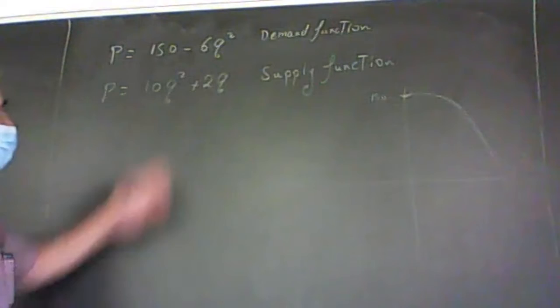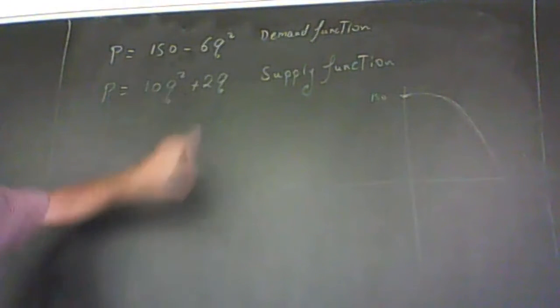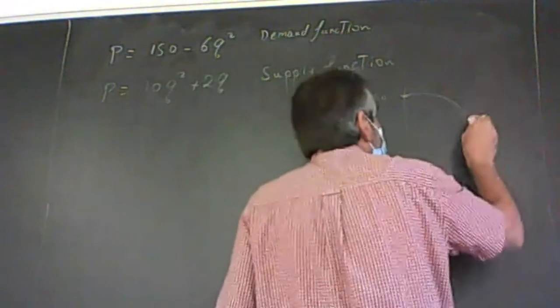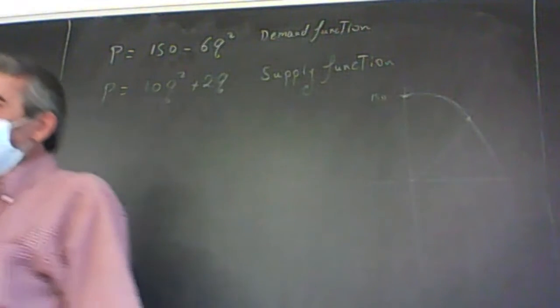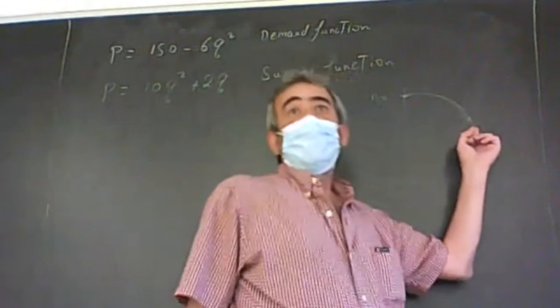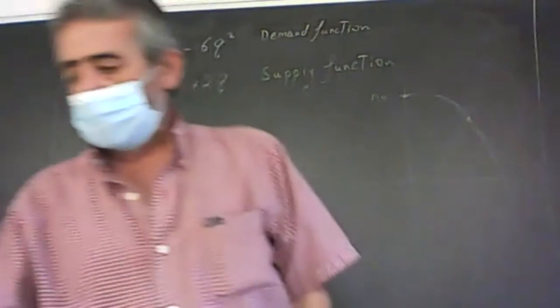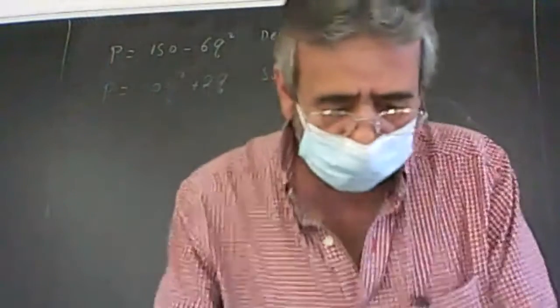However, this one, is it going up or down? It's going up. It starts at 0, and then both of them meet at this point. What is that point called? Equilibrium point. Now it says find the equilibrium.